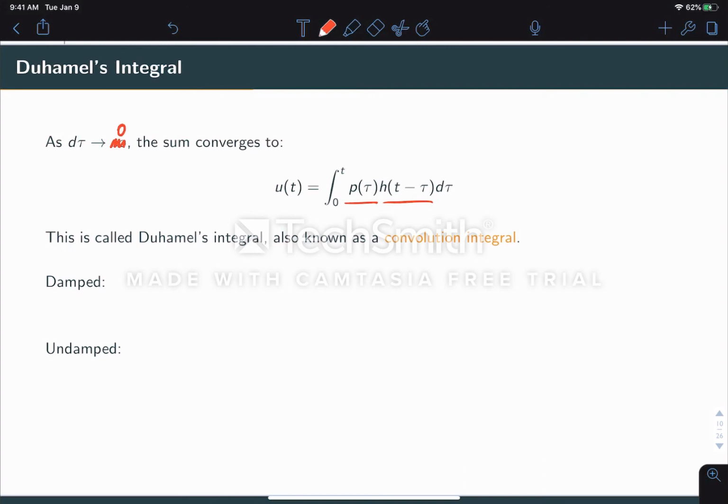And this is called Duhamel's integral, and can also be thought of as a convolution integral, which is how this general type of function is defined.